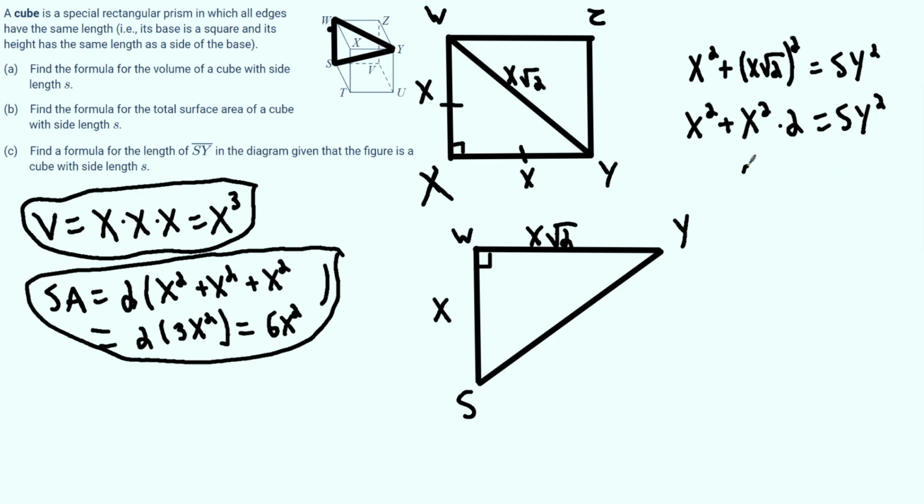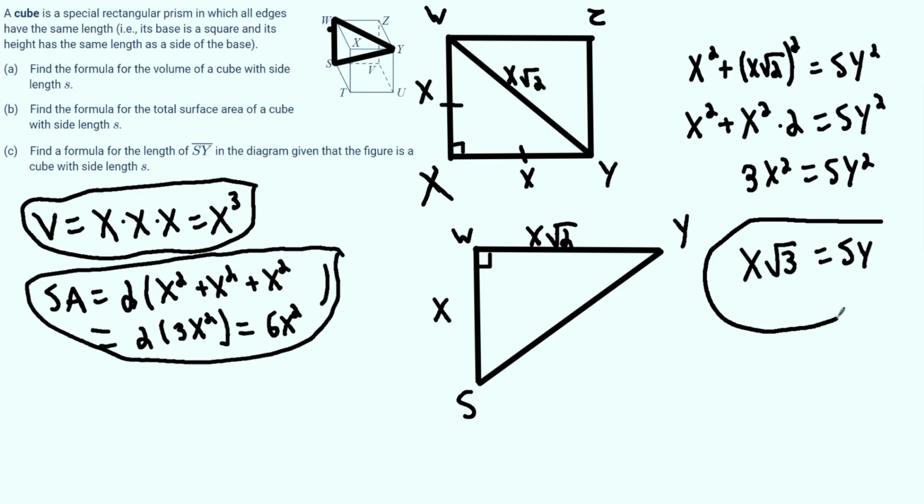Combine our like terms and we have 3x squared equals SY squared. And by taking the square root, we have x times the square root of 3 equals SY. Hence, we get our answer, where this SY is the space diagonal of the cube.